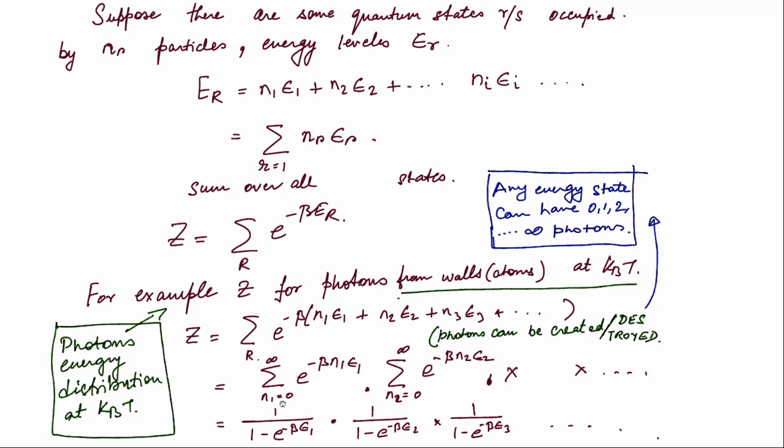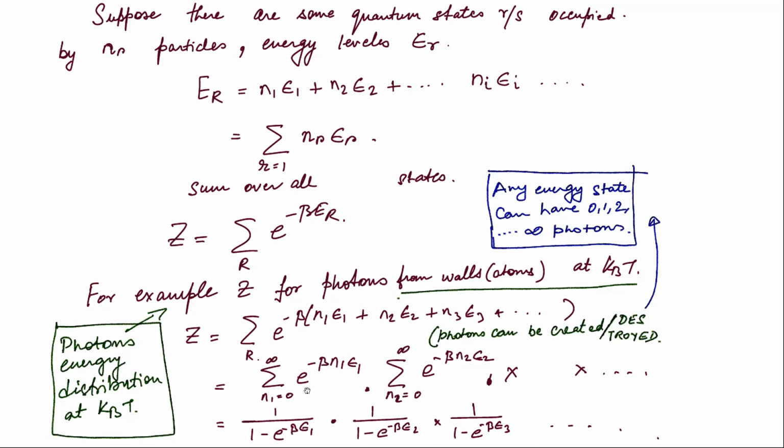So for each energy level, suppose photons are in a quantum state with energy epsilon 1, the number of photons can vary from 0 to infinity. And similarly for photons occupying a quantum state with energy epsilon 2, and so on, epsilon 3 and epsilon 4.